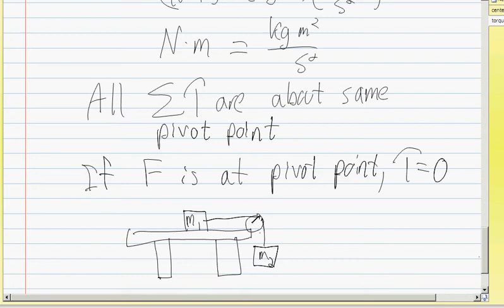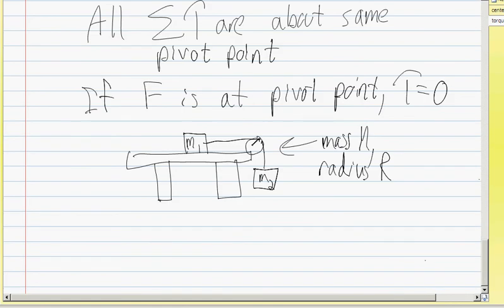We're going to actually give the pulley a little bit of mass. So it's going to have a mass M, radius R. That's going to make it more difficult because now we have another thing that we have to include in our inertia.